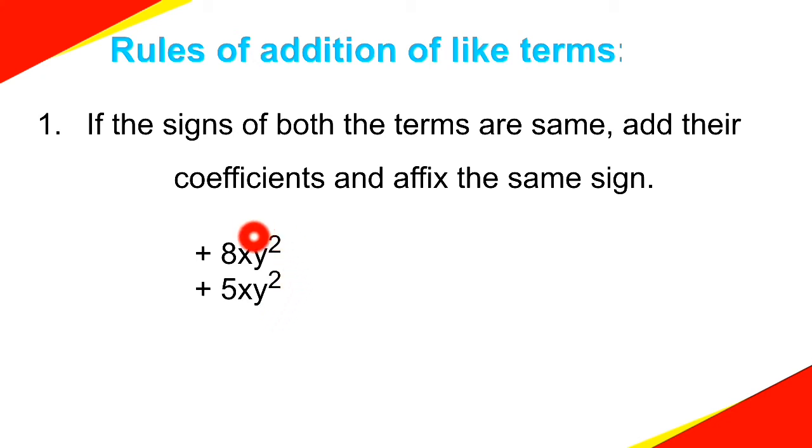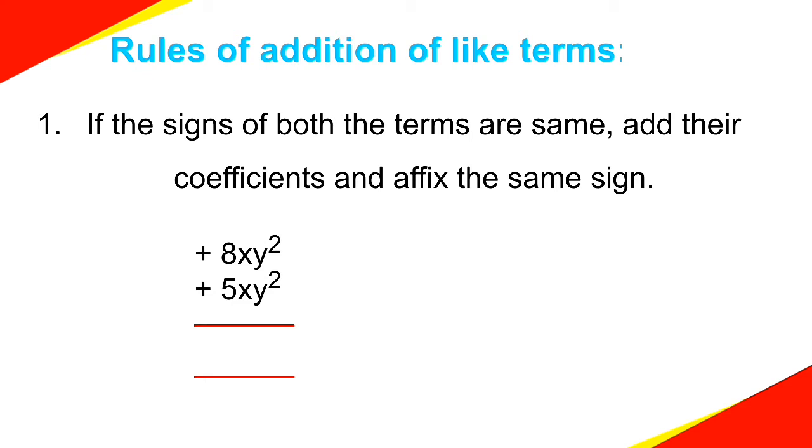Here we can see both the variables are same, but the constant terms differ. And here plus 8 can be called as a coefficient of xy square, and plus 5 can be called as a coefficient of xy square.